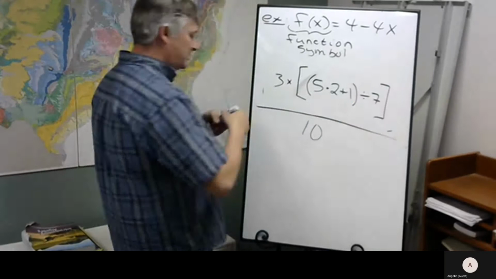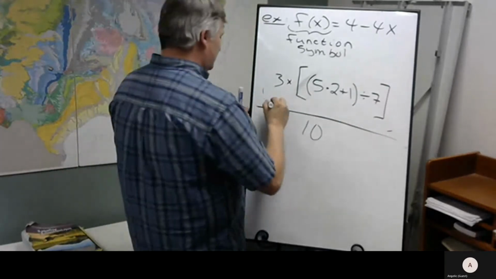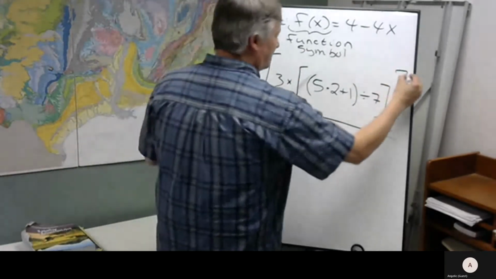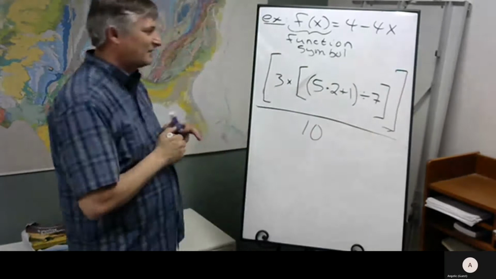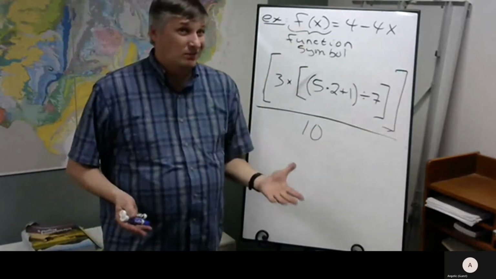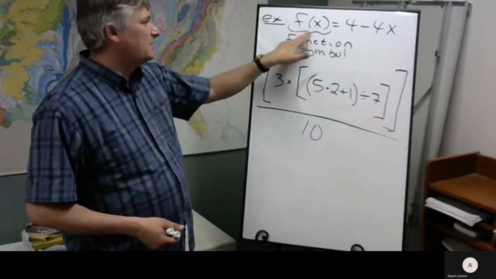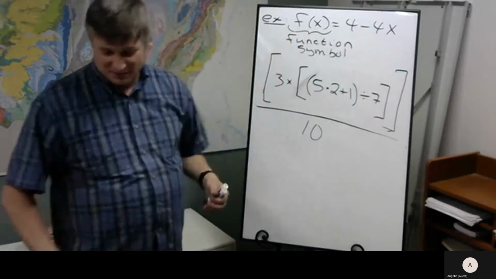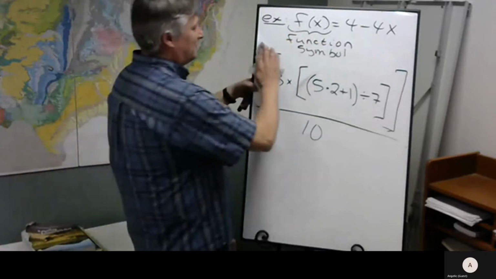You could use, say, another set of brackets. So this happens sometimes in mathematics. But yeah, this won't mean f times x, even though it looks like it. It's really the symbol in and of itself. So I hope that helps.